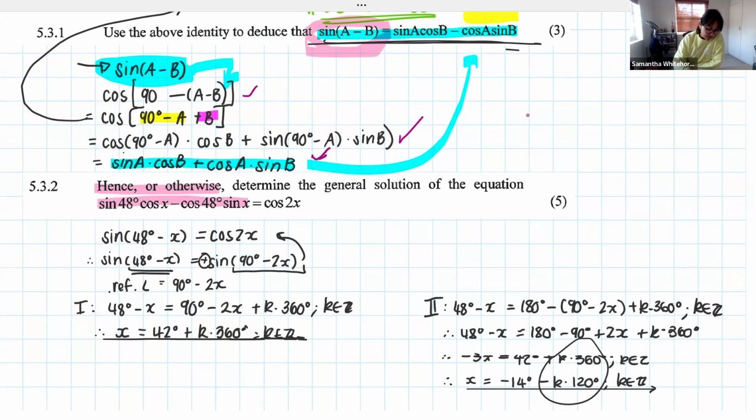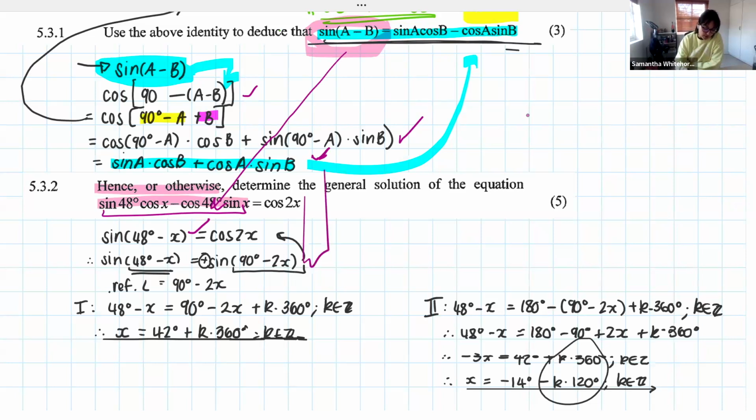And through doing that, you essentially are getting the mark for your final answer. In the general solution question, you get a mark for taking that whole expanded form and understanding that you do already know that it's sine 48 minus x. So applying what you already know.